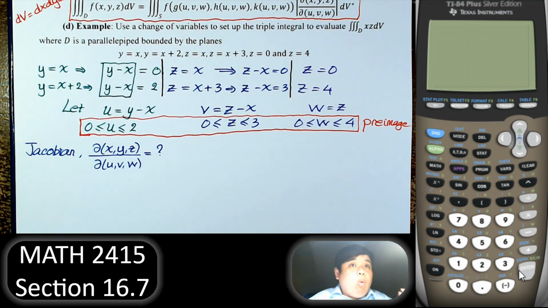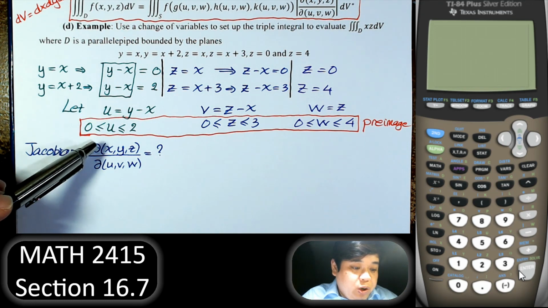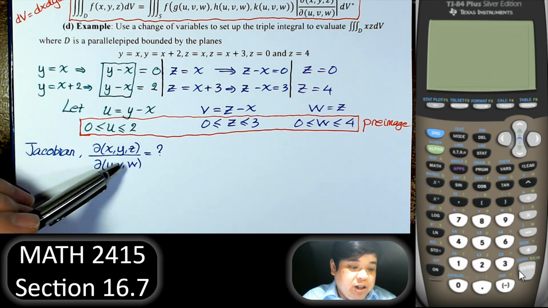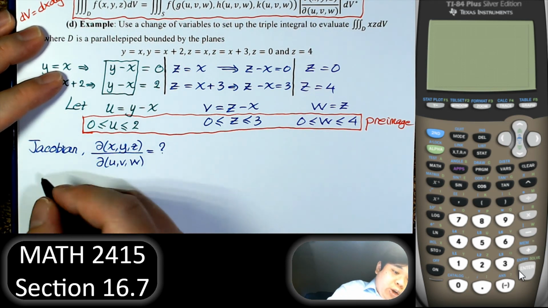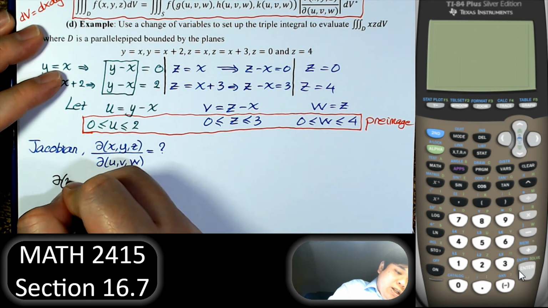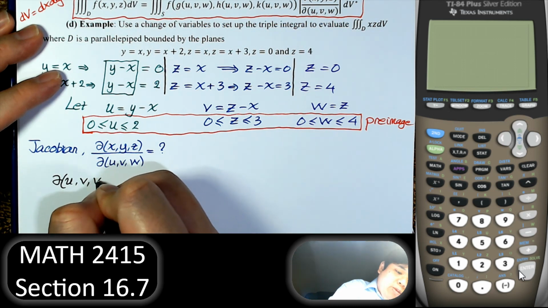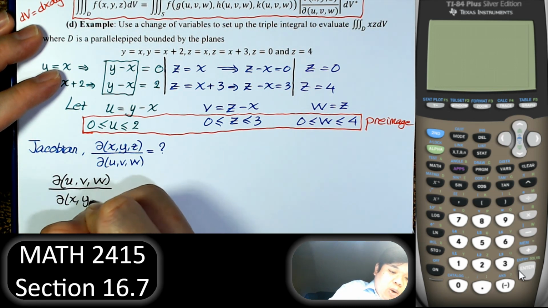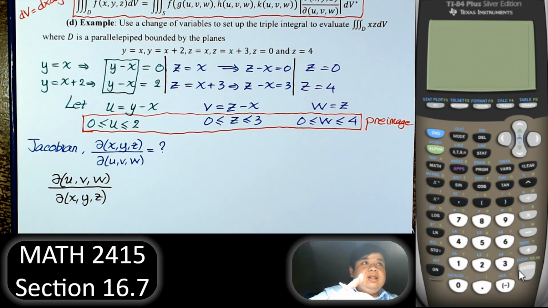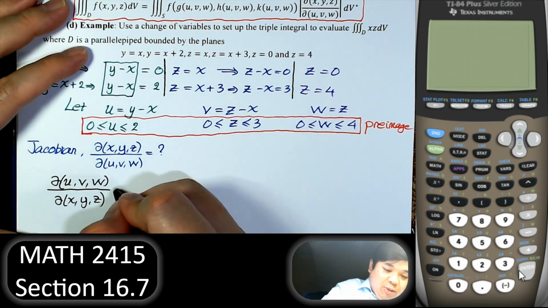We won't be able to do this because we don't have x, y, z in terms of u, v, w. We have the opposite of that. So instead of doing that, we do the partial derivative of u, v, w over x, y, z. Once we have that, we just flip it, and then we have the Jacobian of the one we want.